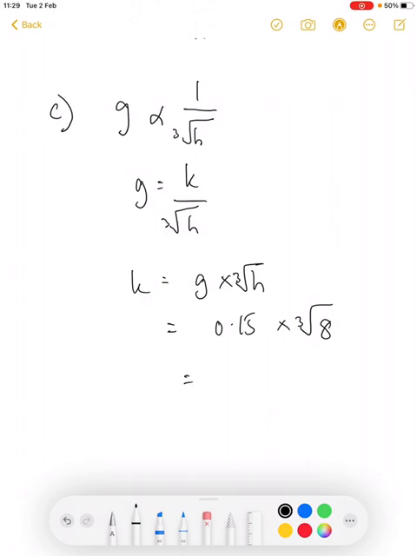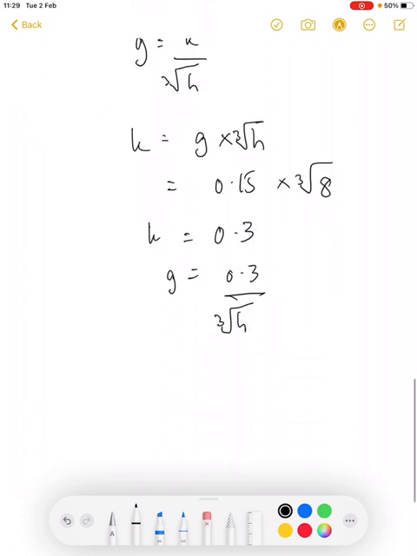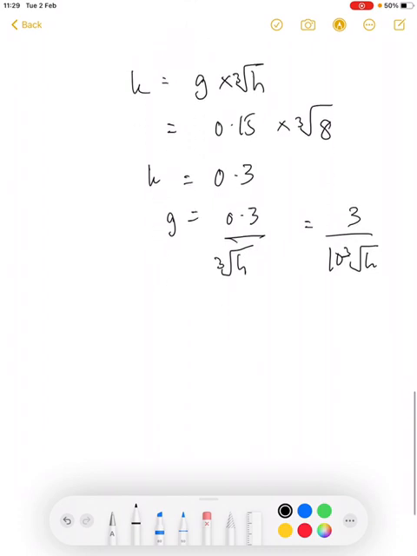So k equals 0.3. g equals 0.3 over the cube root of h. You might as well want to write it in fraction, so equals 3 over 10 cube root of h. Either one is true, both are true.